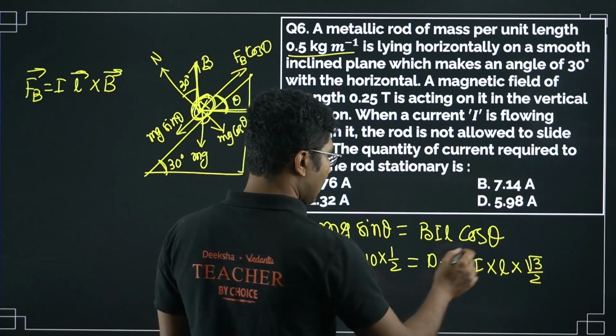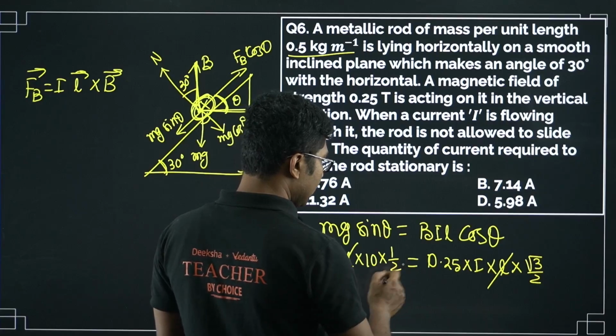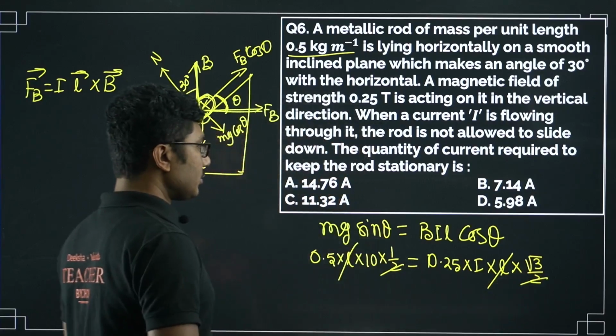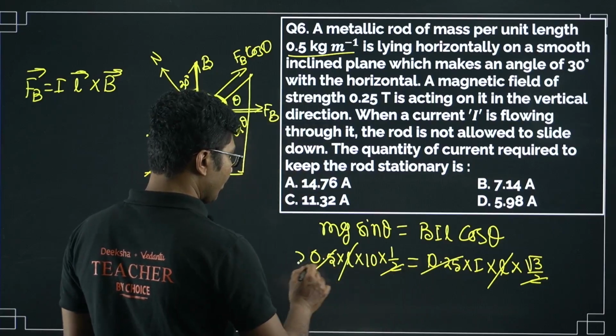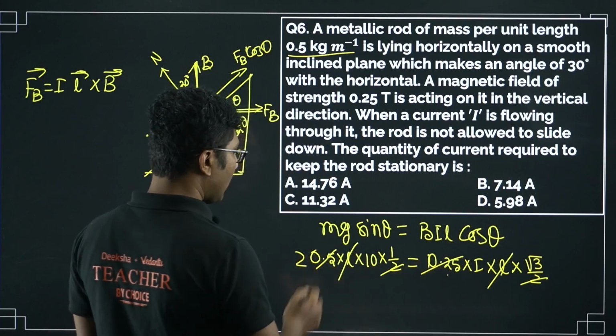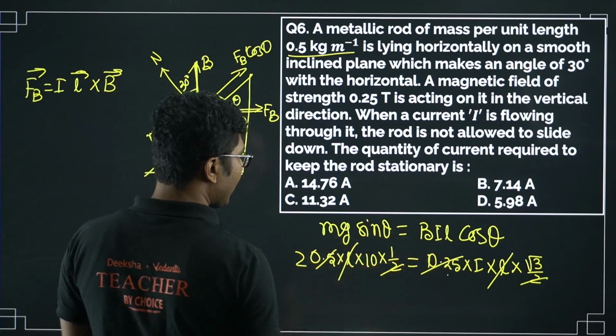Okay, so L cancels, and this 2 cancels. In fact, we can cancel 0.25 with 0.5, since 0.5 is twice 0.25, so it will be 2.